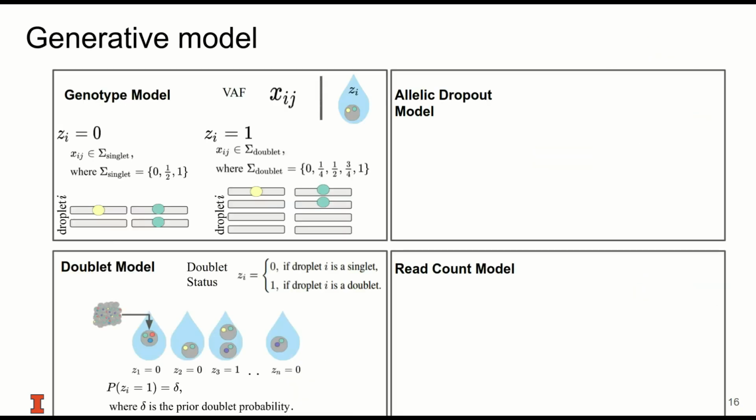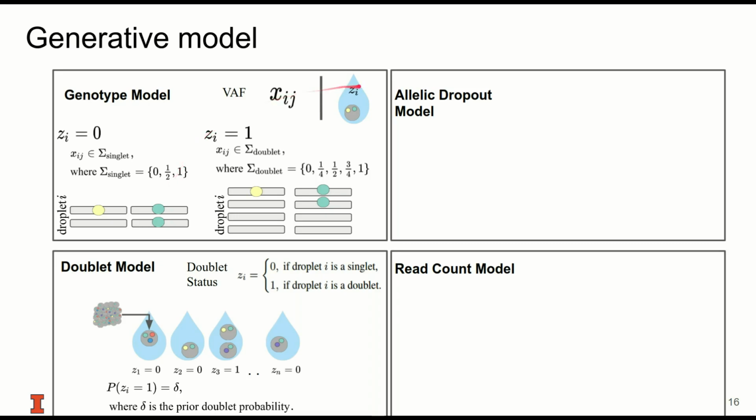In the genotype model, we model the variant allele frequency, or the VAF, which is the ratio of variant to total alleles in a droplet. And the value that the VAF X_ij can take is going to depend on the doublet status Z_i. When Z_i equals 0, meaning it's a singlet, there are 2 alleles at each locus, and the VAF X_ij could take on the values of either 0, 1/2, or 1.